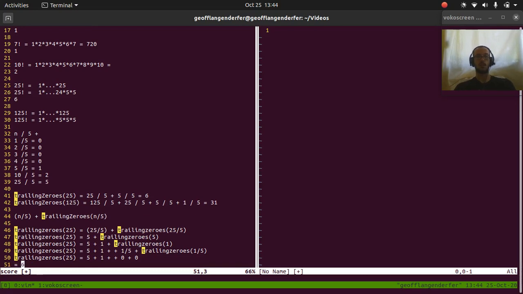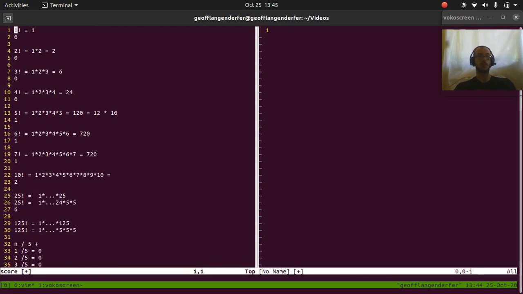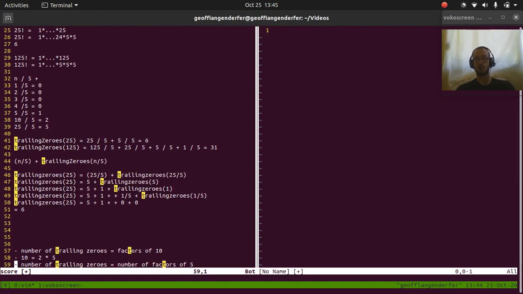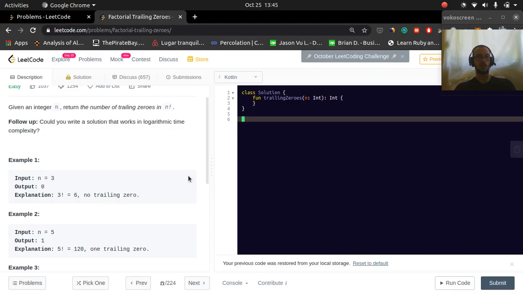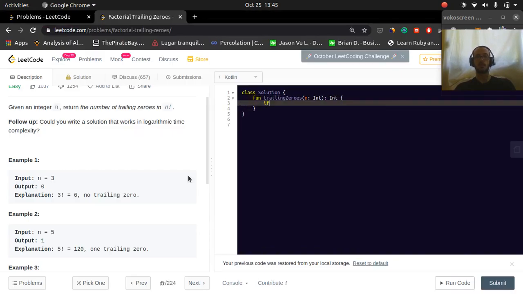Okay, so let's try this formula that we got by just doing the grunt work, doing it out by hand and seeing if we can see any patterns and noticing these characteristics. So return n over 5 plus trailing zeros of n over 5.